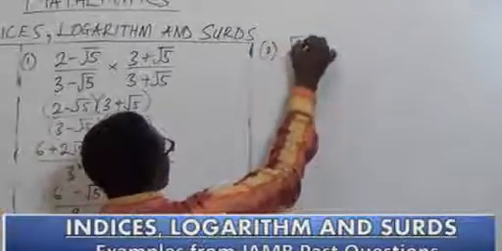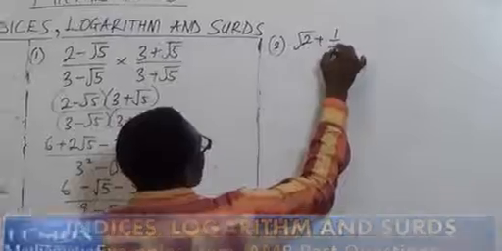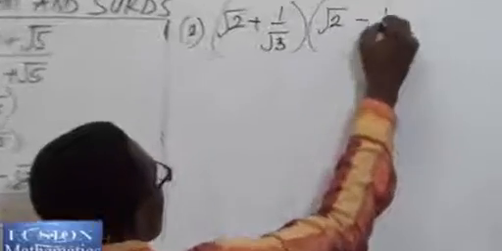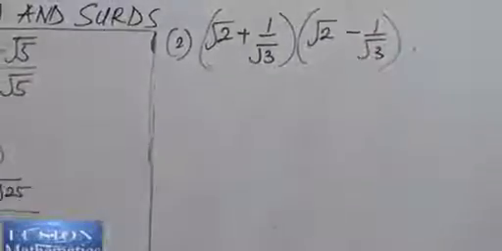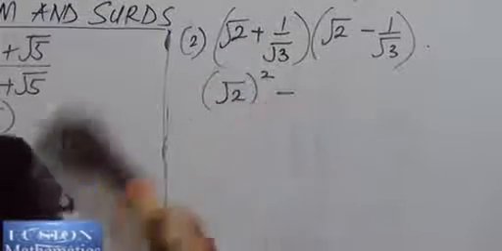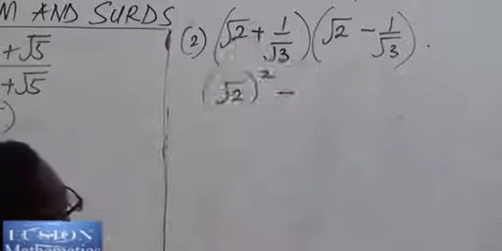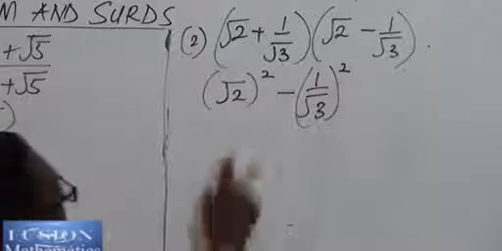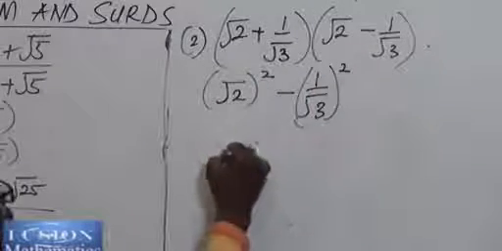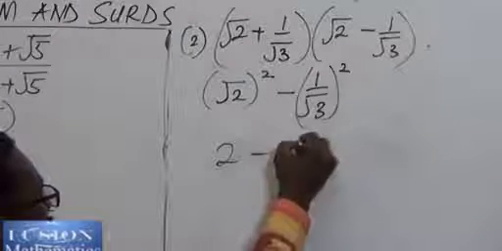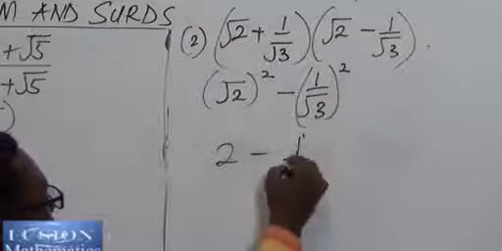So using difference of two squares, this will give us root 2 squared minus, you can see the sign, so it's a difference of two squares, 1 all over root 3 squared. Now this power will cancel out this square, so we have 2 minus, the square will affect 1 as 1, and we cancel out this root as 3.